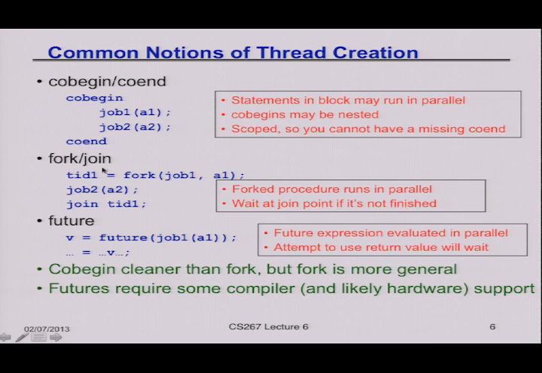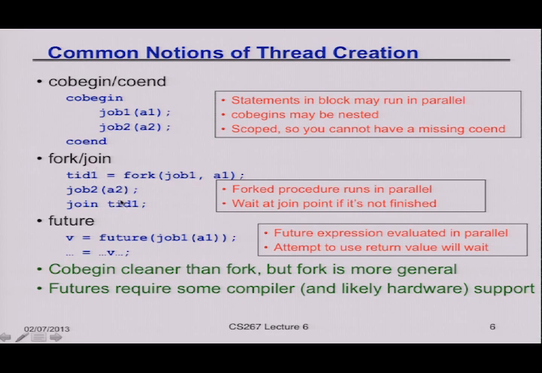The other way, that's a little bit more general, is called fork and join. In that case, one process is running, and it says, I have some extra work to do. I'm going to fork another process to run. It's going to call subroutine job 1, and it's going to run on input A1, and I'm going to give it a name, because I'm going to need to ask later, is it done? Then on my process, I do job 2 on A2, and then I wait for the process that I started up there to be finished.